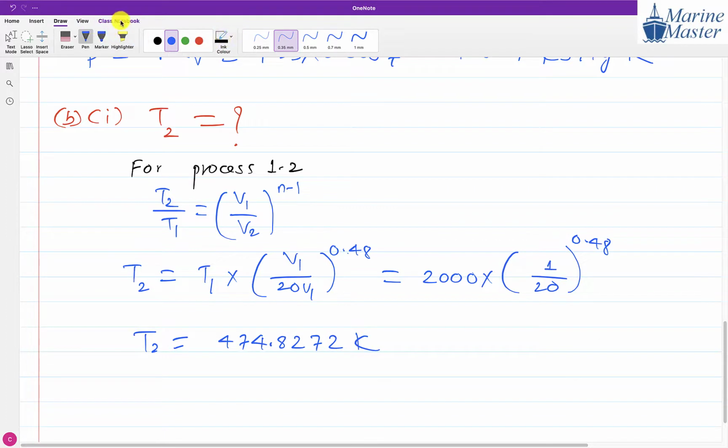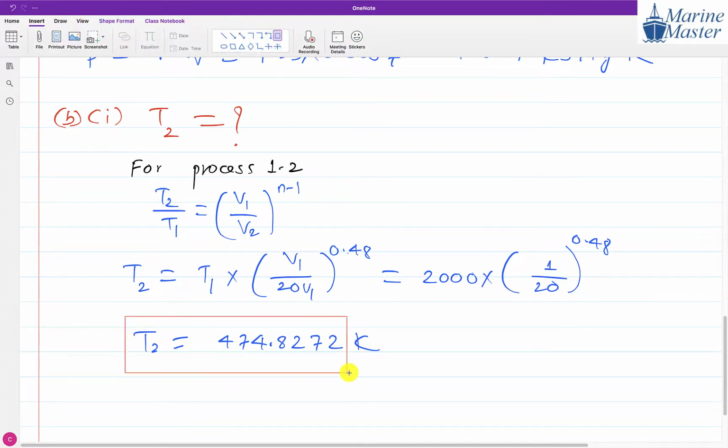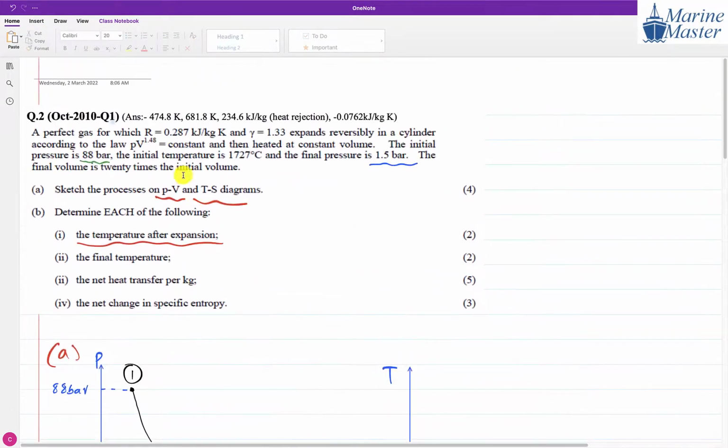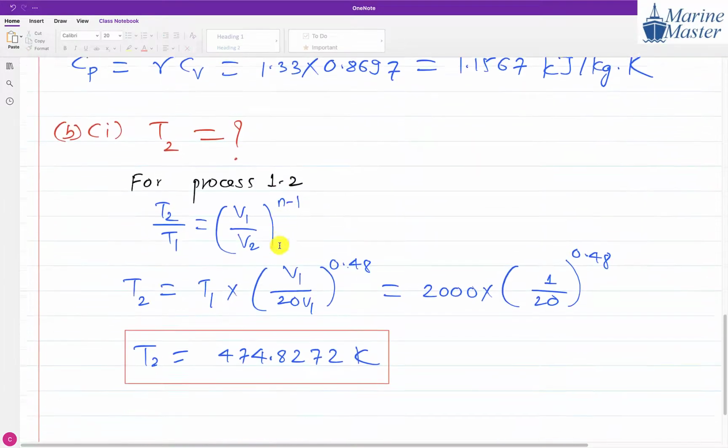In this way we got the temperature T2 as 474.8272, and the answer is also given here.